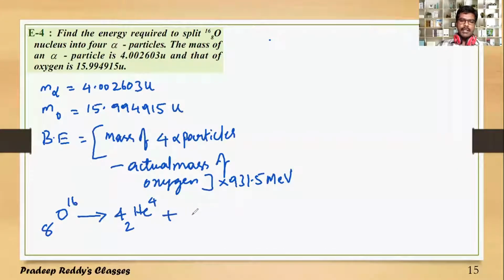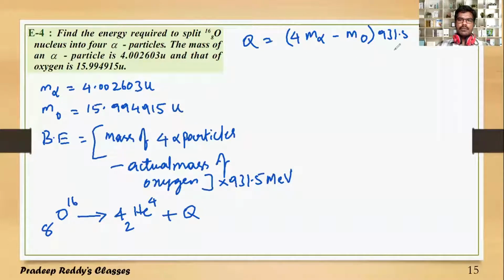Along with that, there will be some amount of heat produced over there, and this heat Q is equal to 4 times mass of alpha particle minus mass of oxygen multiplied with 931.5 MeV.